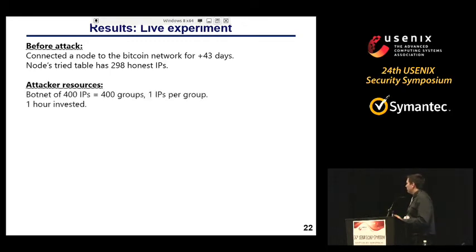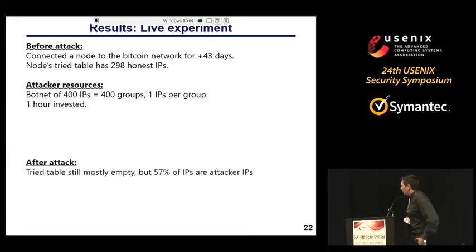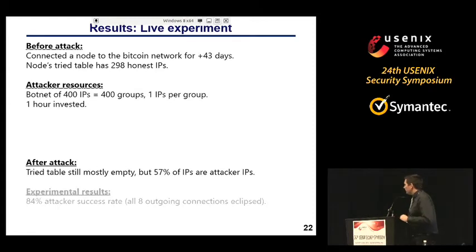Based on this, we determined a botnet of around 400 IPs should be sufficient, investing 1 hour. And while the tried table was still empty at the attack, after the attack, a majority of the IPs were attacker IPs. And we got an 84% success rate.